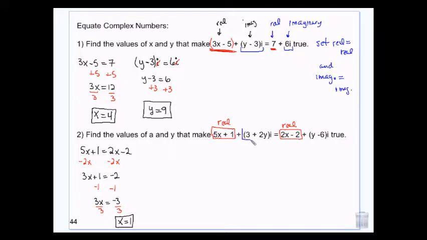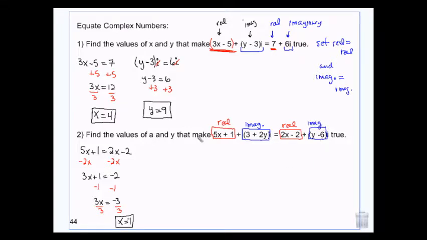Then I can come back and take the parts that are attached to the i, and these are imaginary. Yes, thank you. Negative 1. Getting ahead of myself.